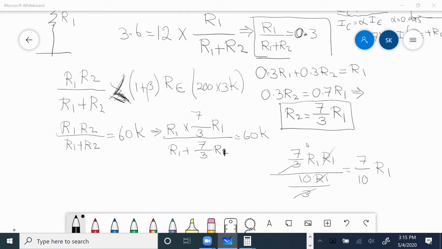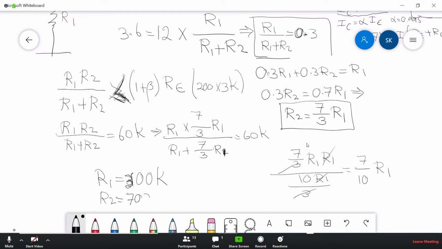I'd say R1 would be 100K, and R2, that's 300K, and that would be 700K. I don't know. You can obviously work that out.